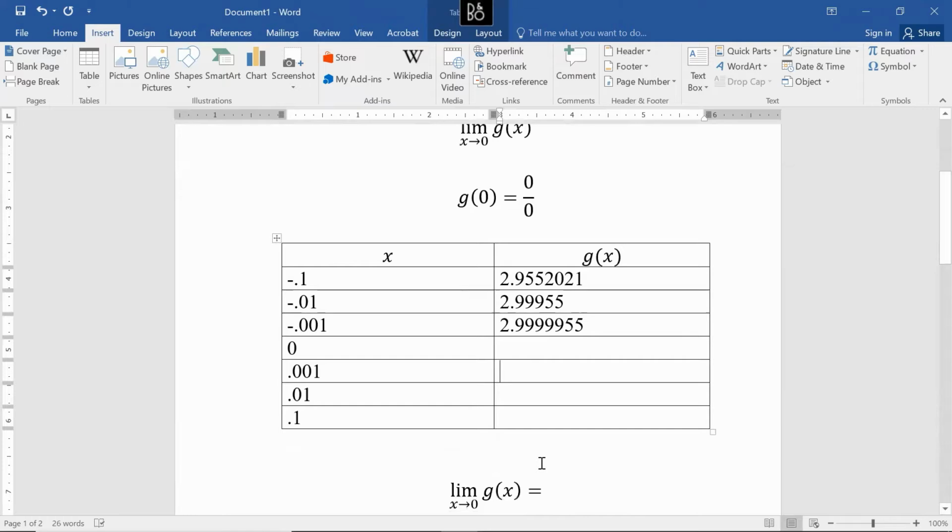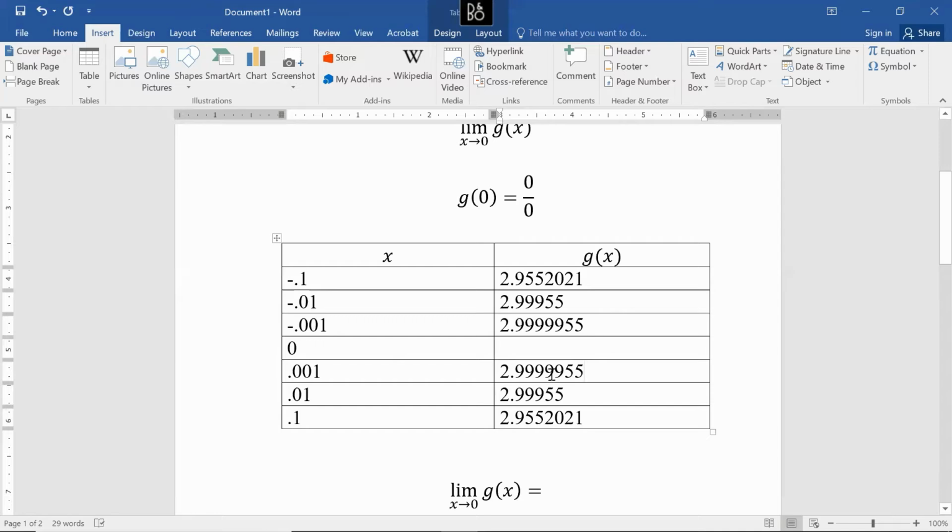Let's do 1/10 away first, so let's start with the 0.1 first. I get the exact same thing on the other side. When you're 100th away, once again, 2.99955. And then when we're 1,000th away, 2.9999955.